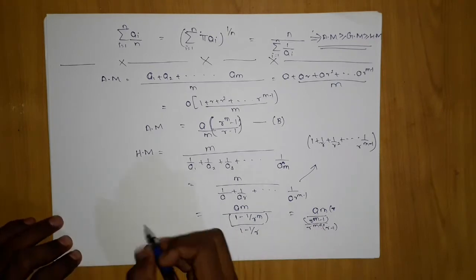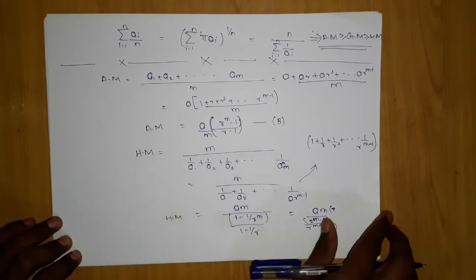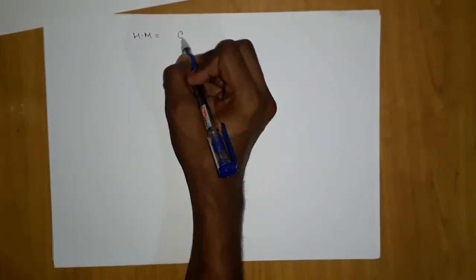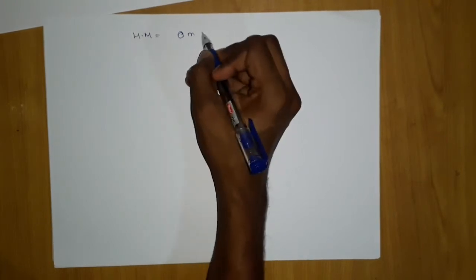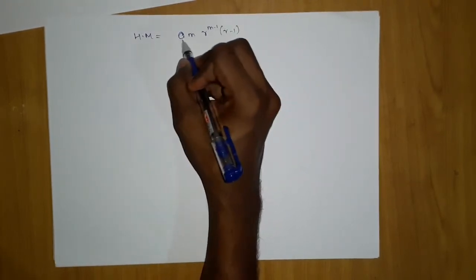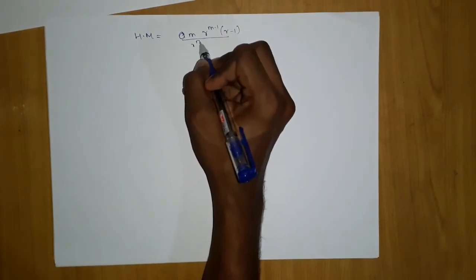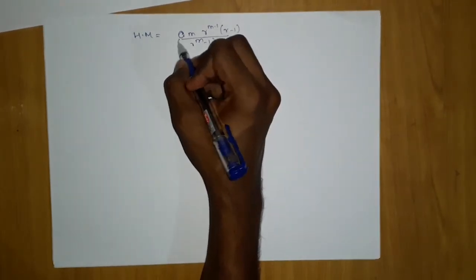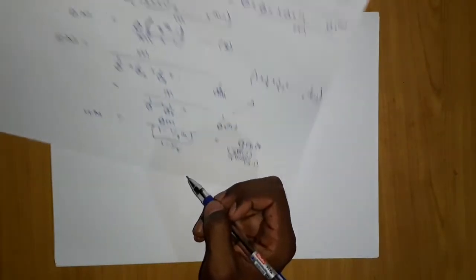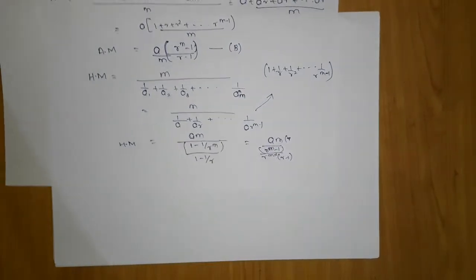I know it is quite complicated, not that easy. When I move this here, I already have m, and this whole thing will move here: m minus 1 into r minus 1 upon r power m minus 1. Now let's think, when I multiply, is there any chance for this term to cancel out?